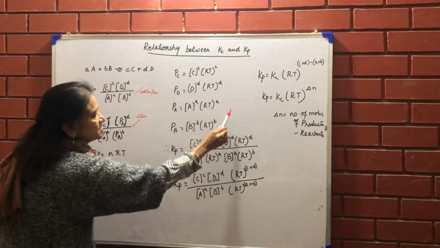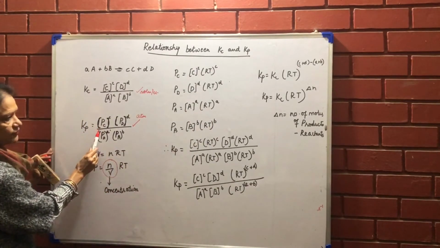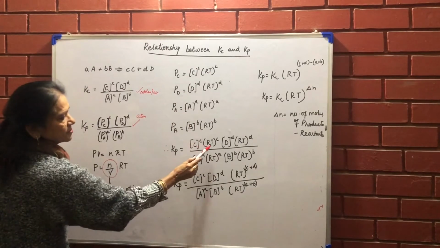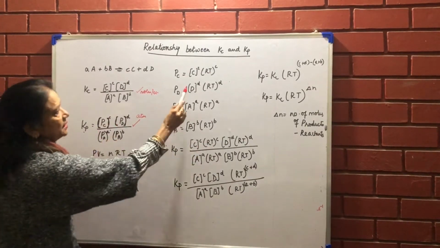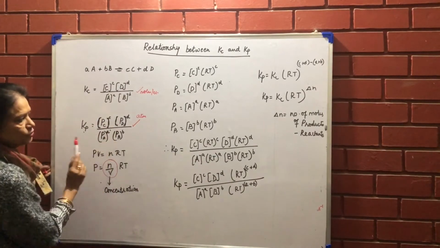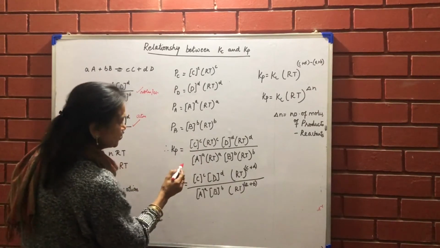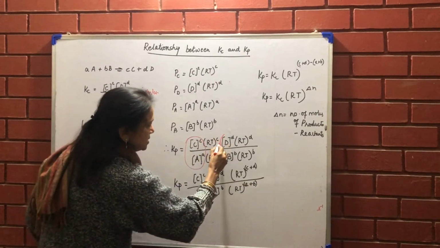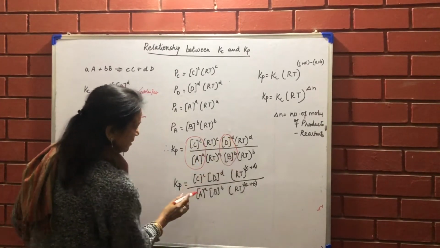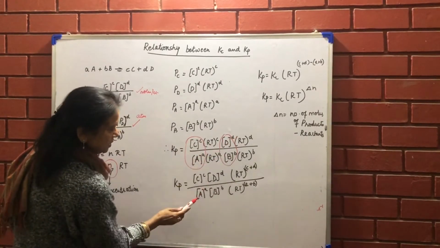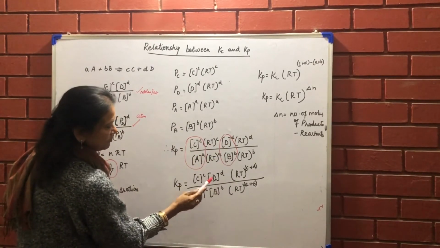Now I am substituting these values into this formula: PC, PD, PA and PB. When I substitute, I see that this part can be written together: C to the power c into D to the power d over A to the power a, B to the power b.